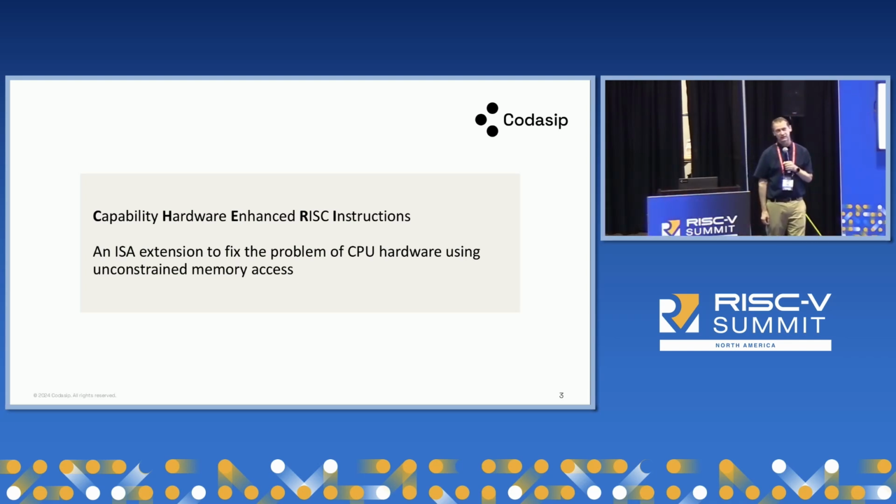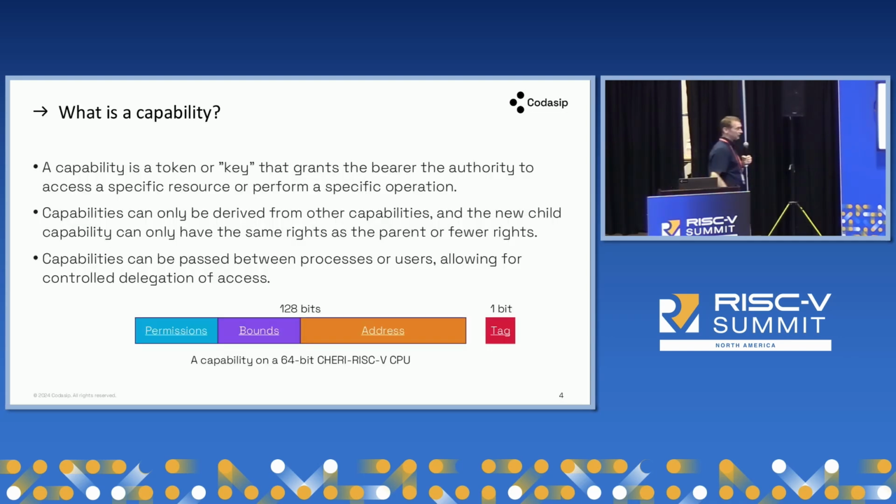So a capability includes the integer part of a memory address, but it also contains some metadata with it and some rights. That includes the bounds of where that memory address can access and permissions as well. So for instance, read, write, execute.